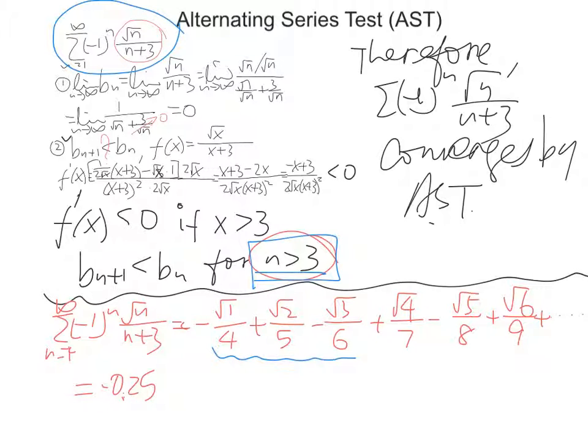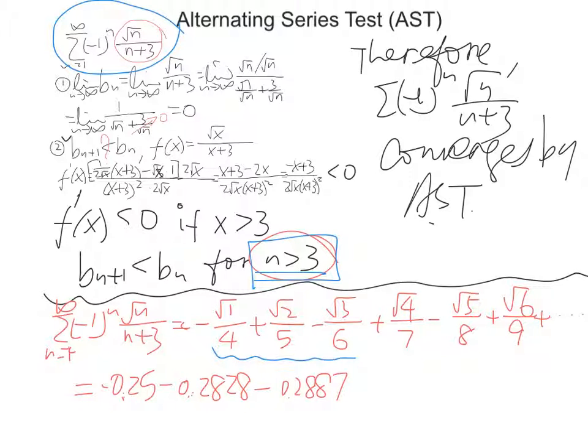I work it out to be 0.2828. As you can see, the numerical value is going up. Minus square root 3 over 6, we work this out to be 0.2887. As you can see, the numerical value is still going up.